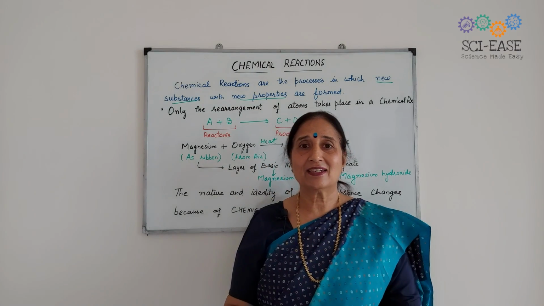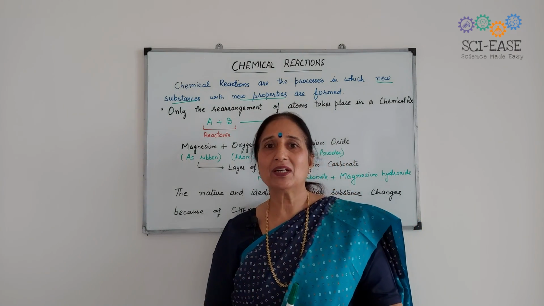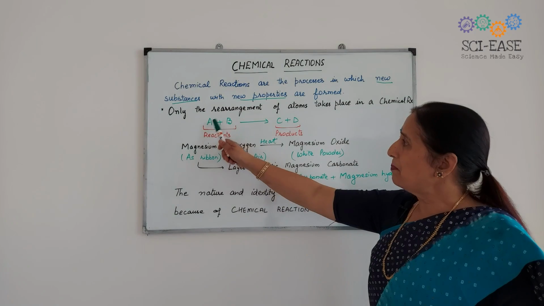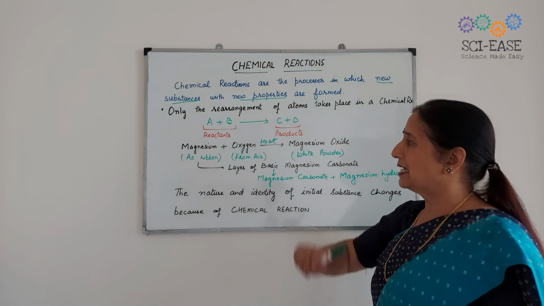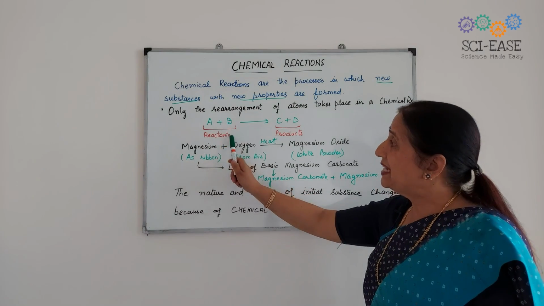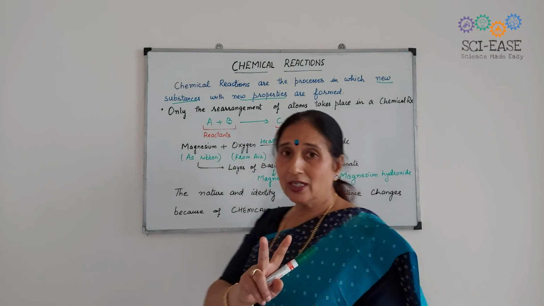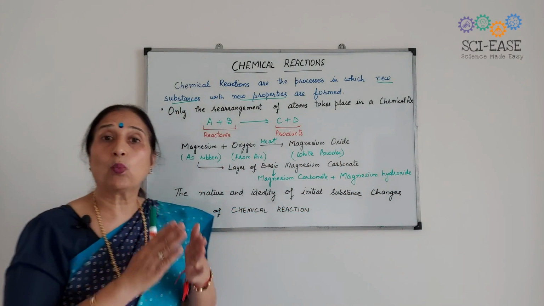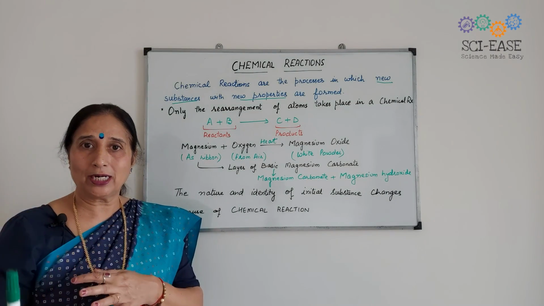I will take one general chemical reaction, that is A plus B forming C plus D. Here, A plus B are the reactants. The two terms I'm going to tell you are reactants and products.